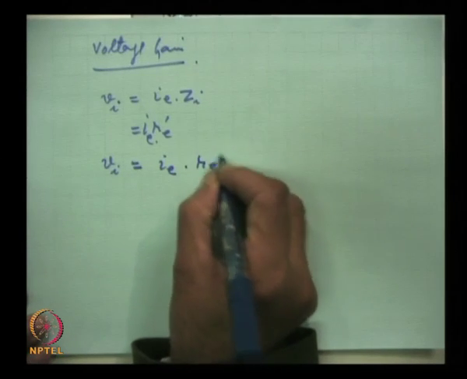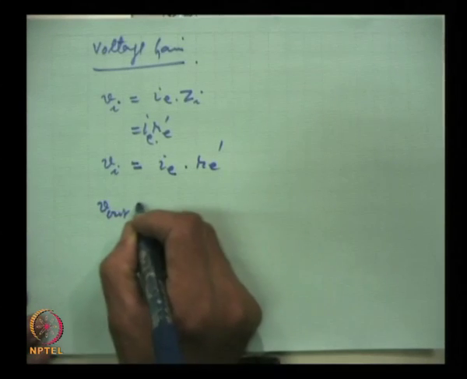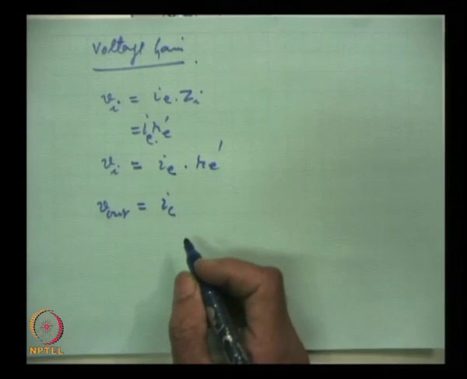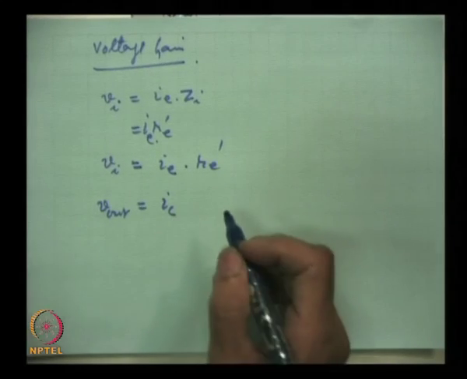The input signal, AC input voltage, will be I E into R E prime, and V out will be I C, the collector current which is flowing through the effective resistance R C, the output resistance.